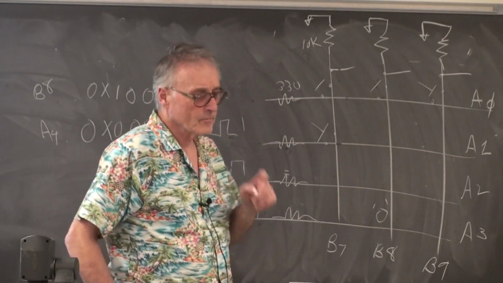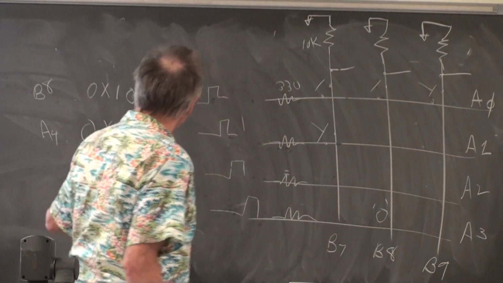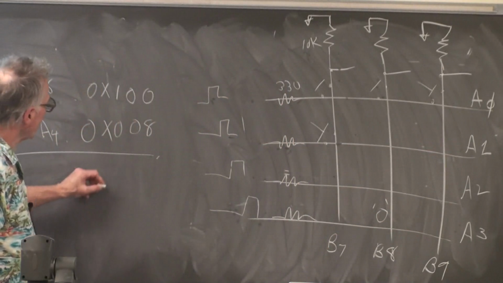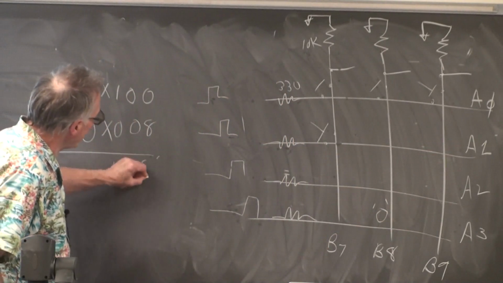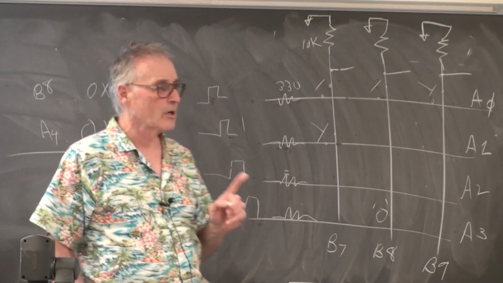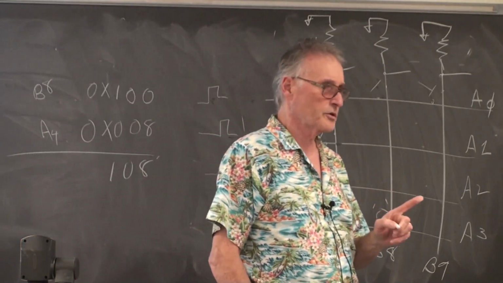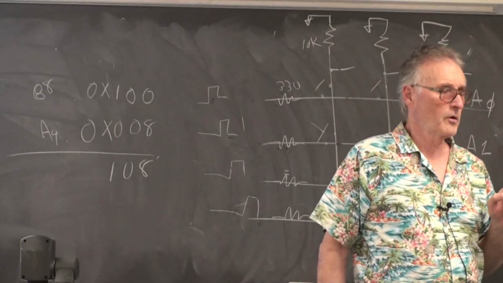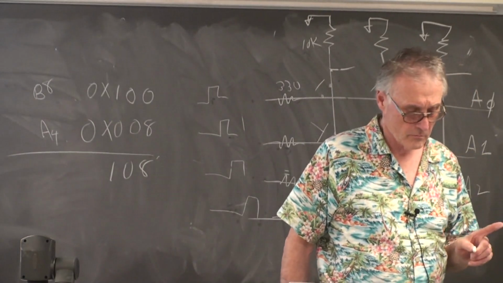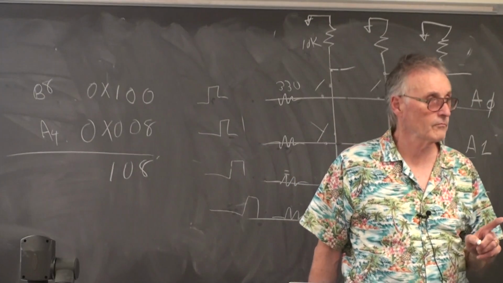Yeah, 8. So if we OR these together, then we get 108 as being the unique code for one button pushed for the 0 key. Right?